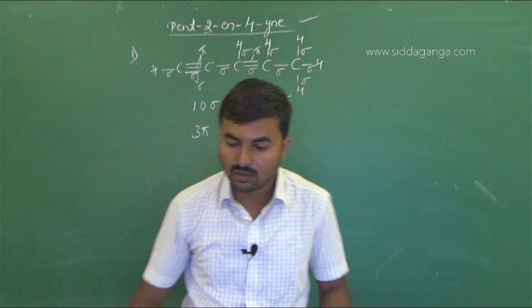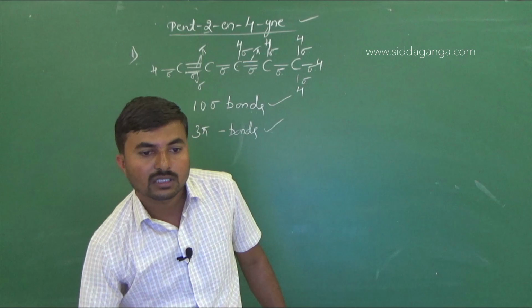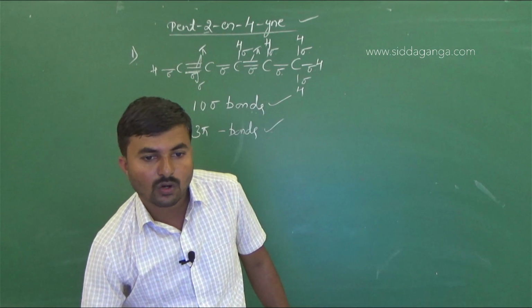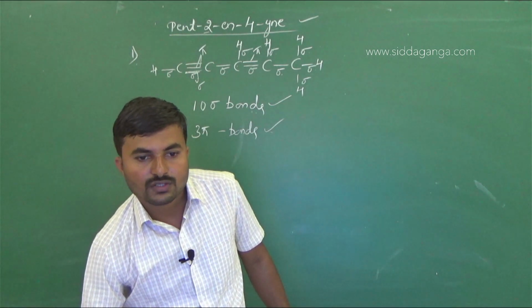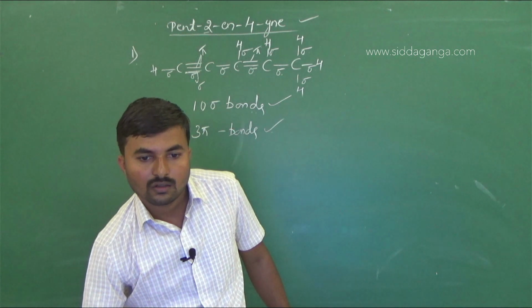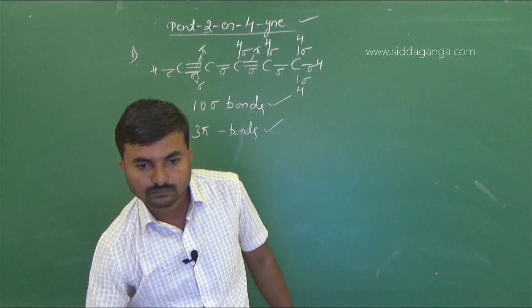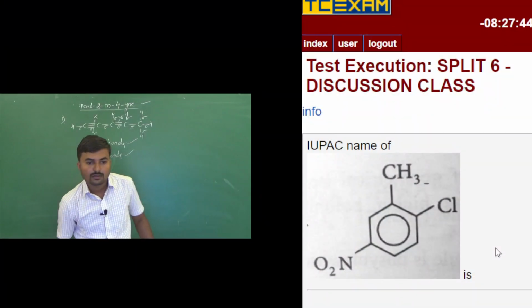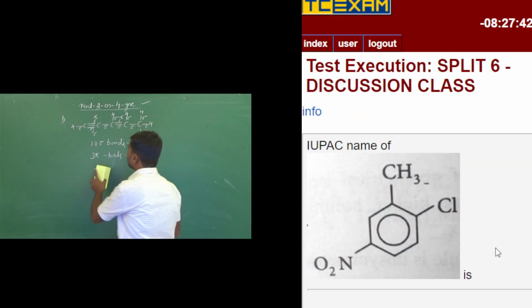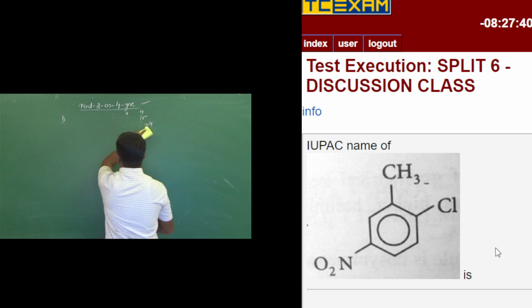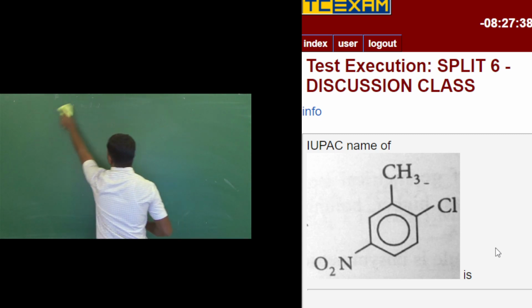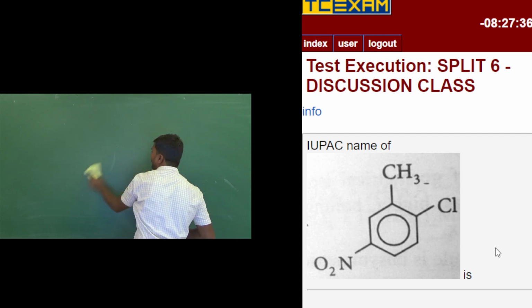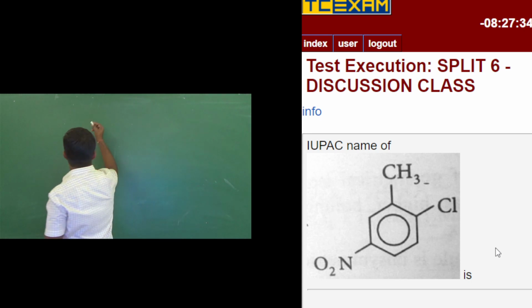So which is the correct option they have given? Option 3, that is 10 sigma bonds and 3 pi bonds. Okay, then next. The next question is regarding the nomenclature of a benzenoid compound.